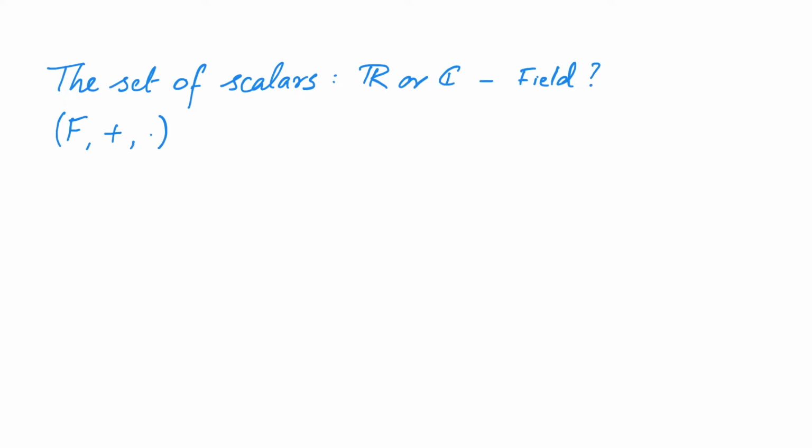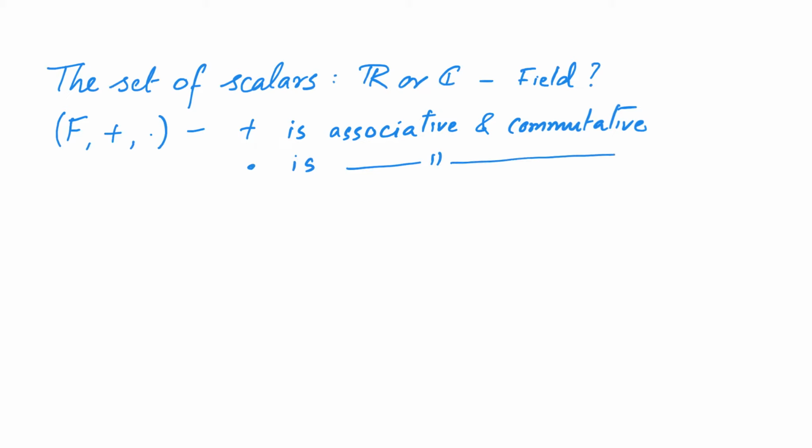Now let us come to the properties that plus and dot have to satisfy. To begin with, plus is associative and commutative. Similarly, dot is associative and commutative.